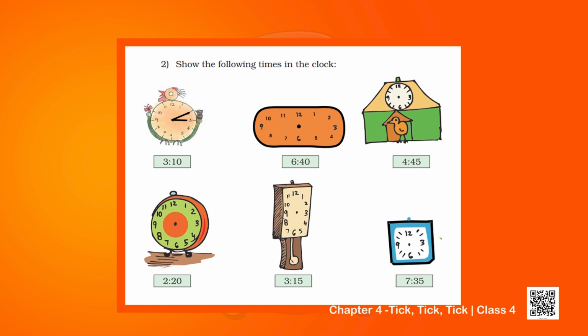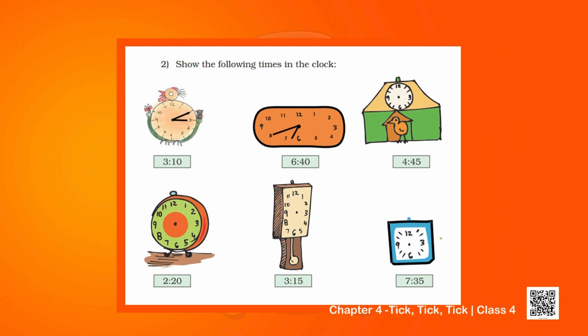Now, 40 minutes. Where should you draw the minute hand? Correct, towards 8. And the hour hand should be between 6 and 7. So, now the time shown by your clock is 6:40.